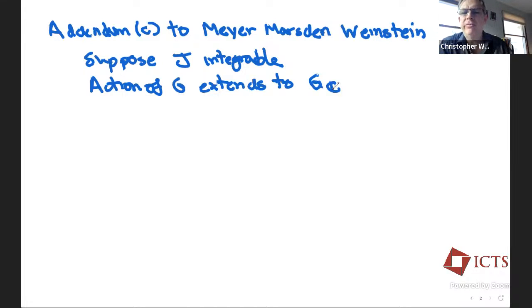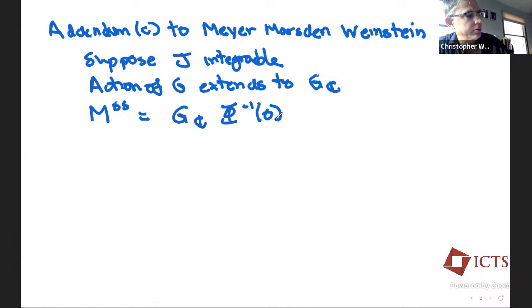So the complexified group is the group whose Lie algebra is the complexification of the Lie algebra g. And so then you can define the semi-stable locus to be the image of the zero level set under multiplication by the complexified Lie group.